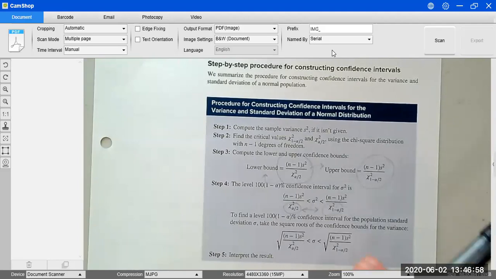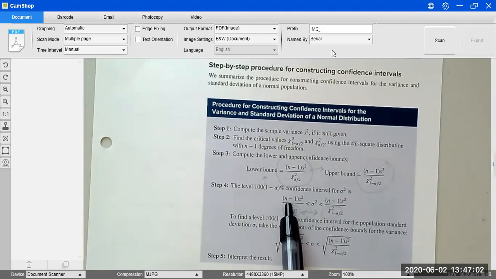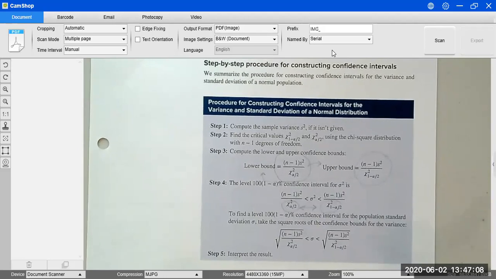When you get the values, you always write first the lowest, then less than sigma squared less than, and then the greatest of the two values you obtain. So at the end of the day, this notation is irrelevant, because you're going to see which value is the highest and which one is the smallest. So we're going to solve a problem.